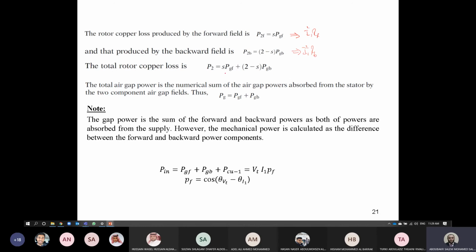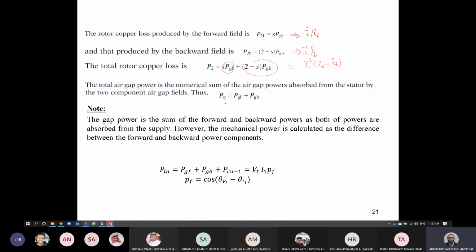طبعا يعني this is the same relation. B2 copper loss, if we would like to obtain the overall copper loss, طبعا you should add the forward and backward flux, and this is يعني nothing but I1 square multiplied by R forward plus R backward.